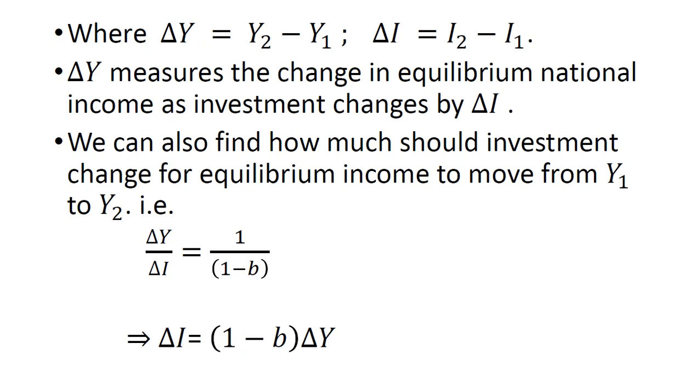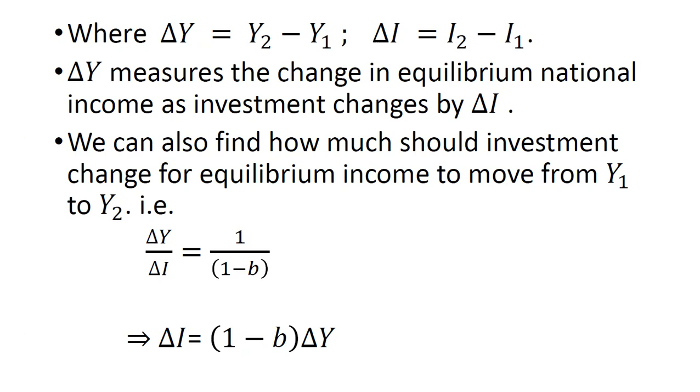So we can also ask the question differently. If you want to move equilibrium national income from one level to another, by how much should investment change? So taking the same equilibrium national income, Y is equal to 1 over 1 minus B times, into brackets, A plus I.